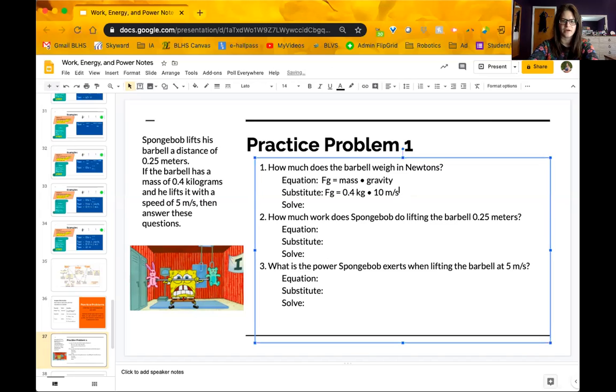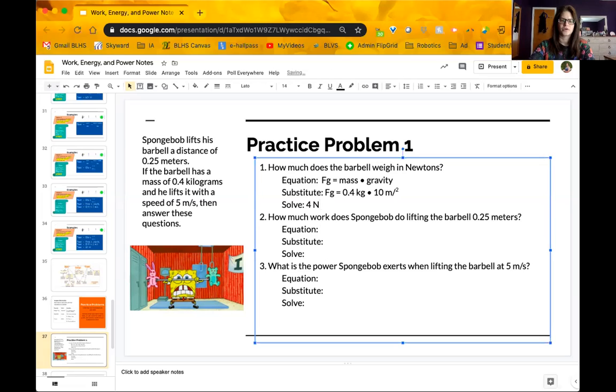Or if you just write that, I'm not going to be bothered, but just don't leave it 10 meters per second. Make sure that you make it squared. Oops. Command period 2. Command period, back to normal. Okay, then if we solve that, that will be 0.4 times 10 is 4 newtons.